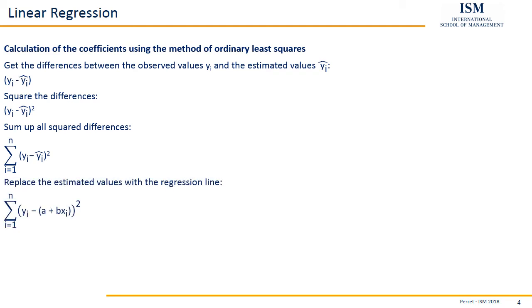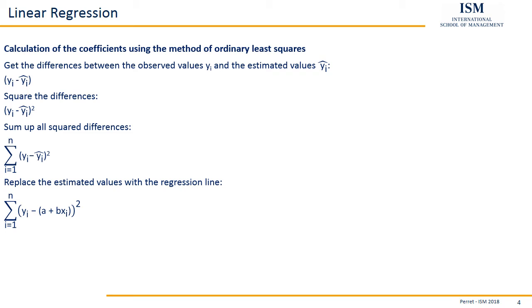Then we replace our estimated values, so the values for the regression line, by inserting xi into our theoretical regression line, which is a plus b times xi, a being the hypothetical y-axis part, so the intercept, b being the slope of the hypothetical regression line.